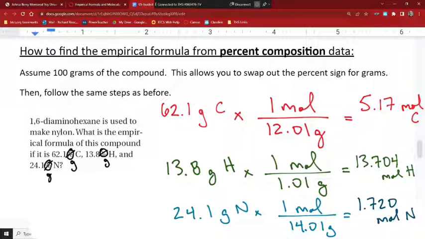Okay, so I'm going to take those numbers of moles and start off by using those as my subscripts. I'll do it over here on the left side. So I'm going to say C 5.17, H 13.7, at least 3 sig figs, and then nitrogen 1.72.